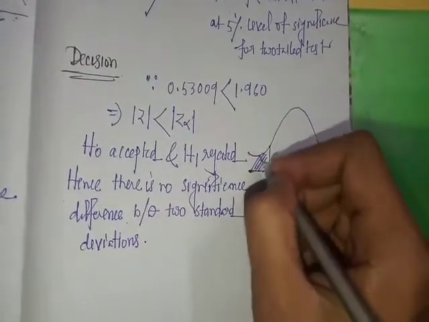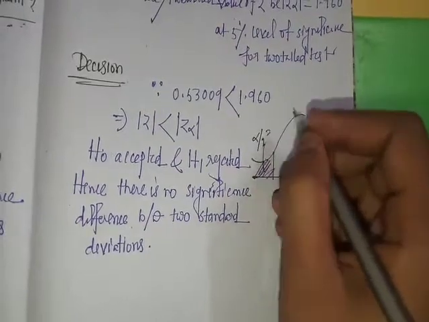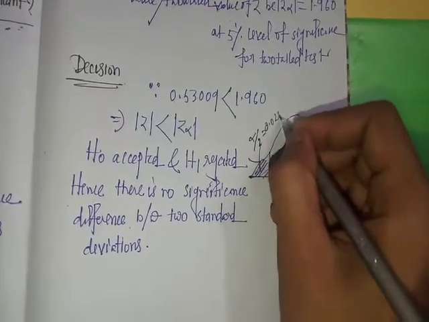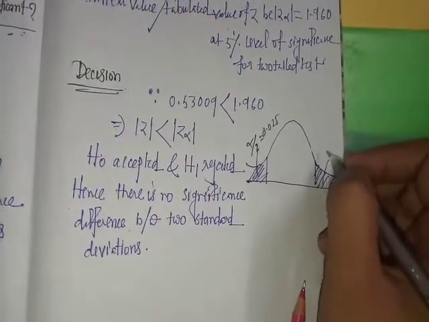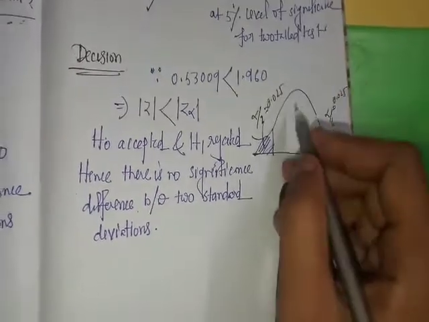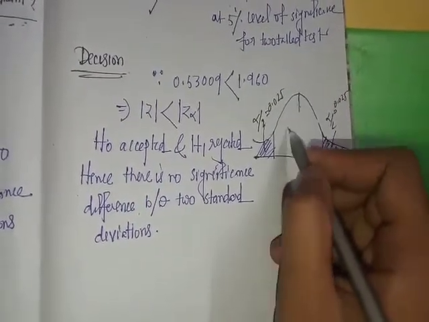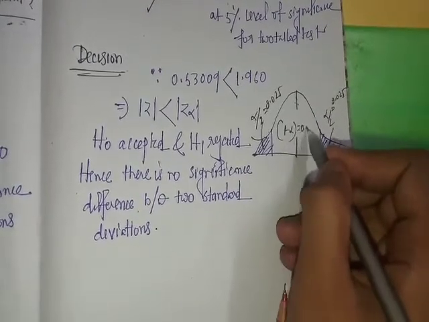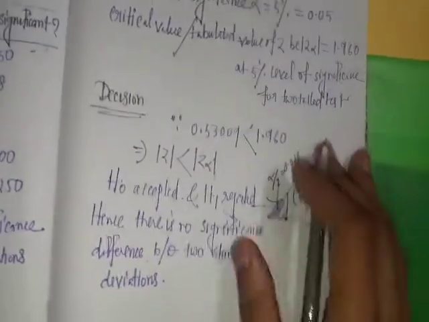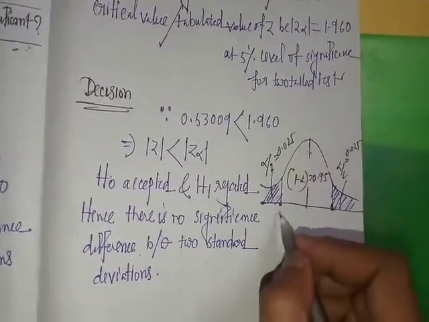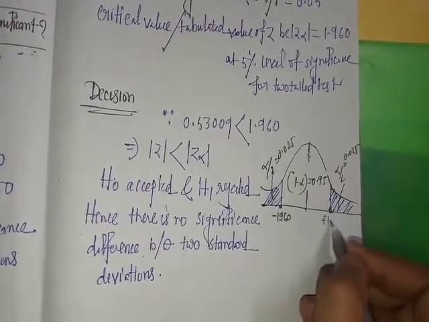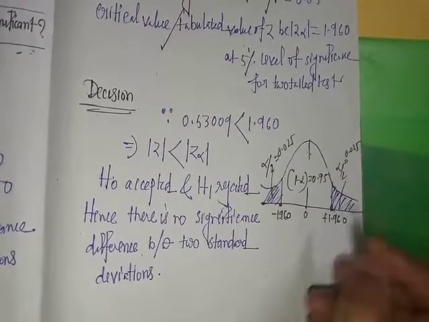This is alpha by 2, so the area of this region is alpha by 2, meaning 0.05 by 2, meaning 0.025, and the area of this region is also alpha by 2, meaning 0.025. The remaining area is 1 minus alpha, meaning 0.95. So this is the critical value, 1.960. This is minus 1.960, this is plus 1.960, and this is 0.